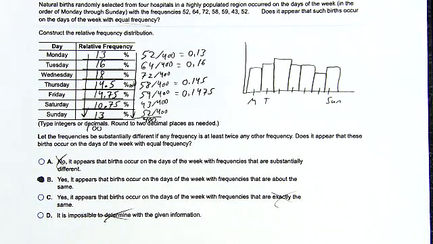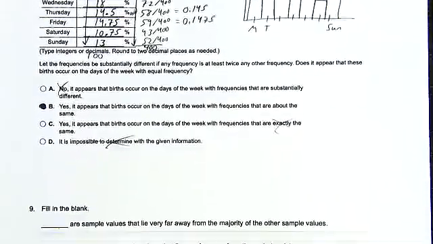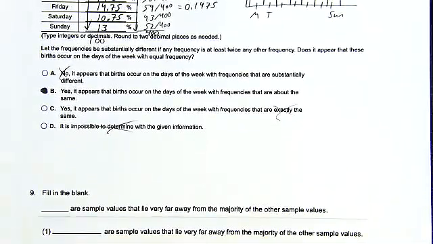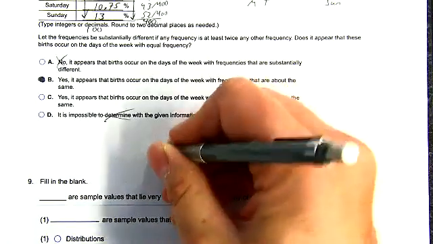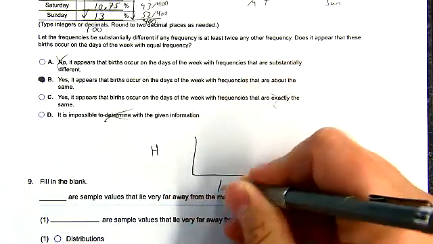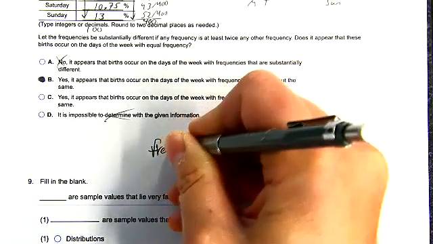Okay, 9 and 10 are typically just vocab word ones, so let's take a look. They should be pretty simple. Fill in the blank. Blank are sample values that lie very far away from the majority of the other sample values. So if we plotted people's height, the height would be down here, and this would be the frequency.